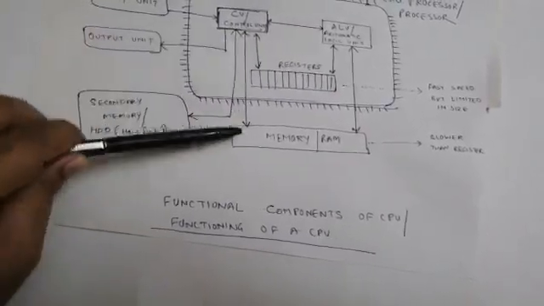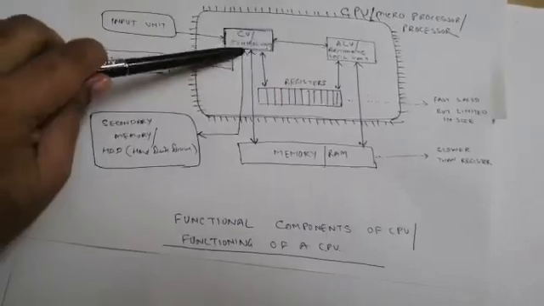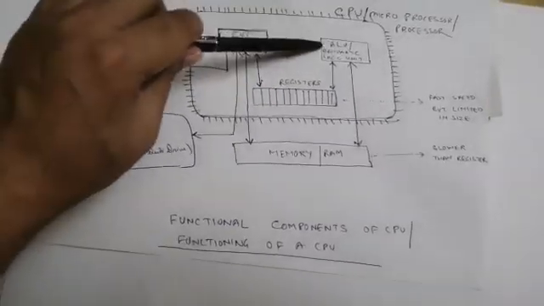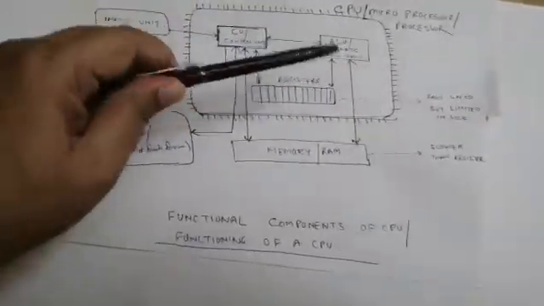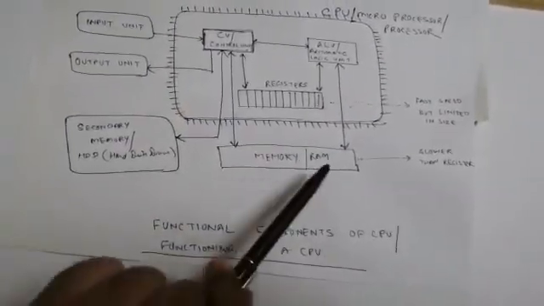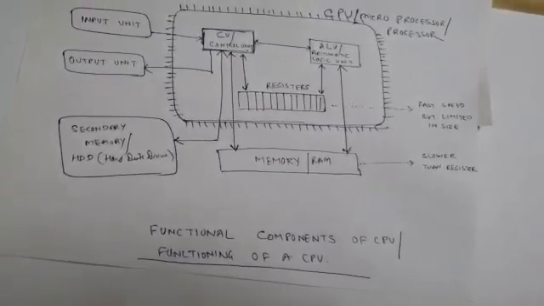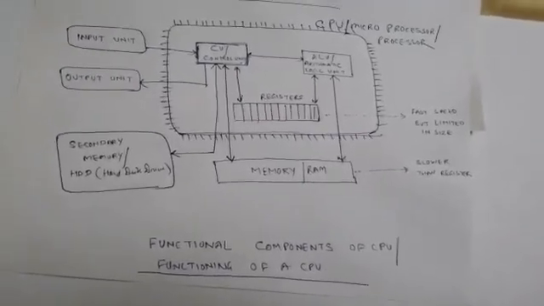Or it can store the data in memory also, RAM, from where it can again take the data and give it to the ALU for processing, or the ALU by itself can take the data from the RAM if required while processing.